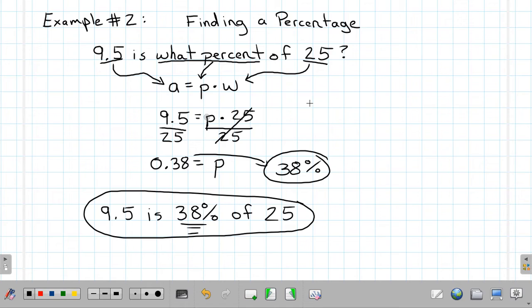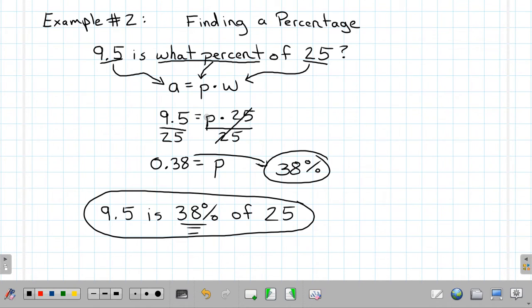So in this case, an example you could use on this one is, well, if you know you're getting a $9.50 discount on a purchase of $25, well, what is the percentage discount you're getting? Well, in this case, that would be a 38% discount, okay?